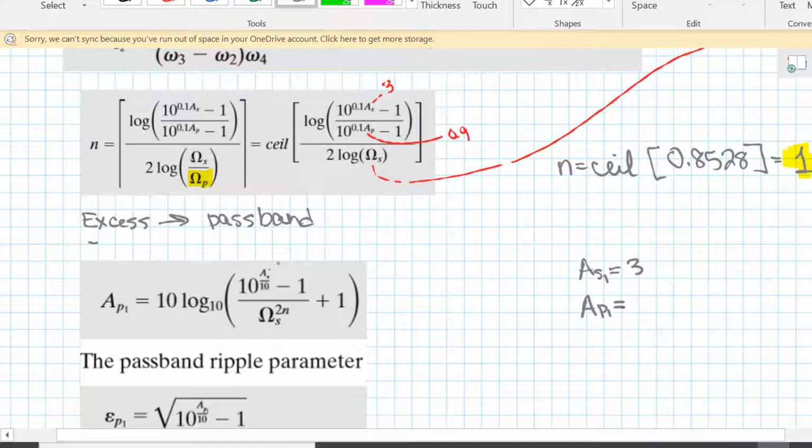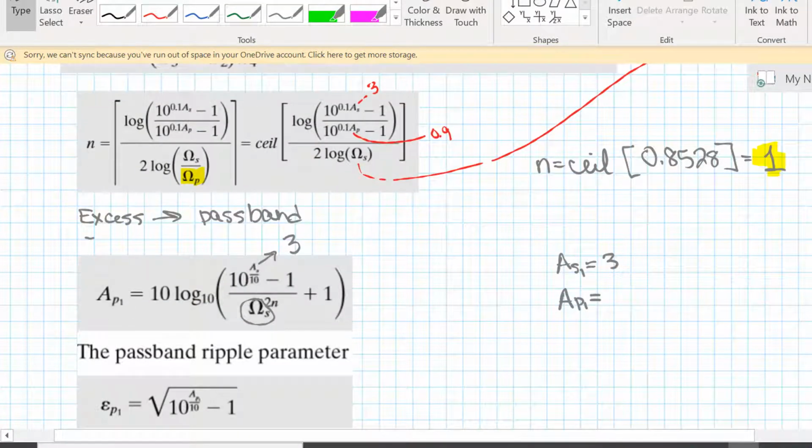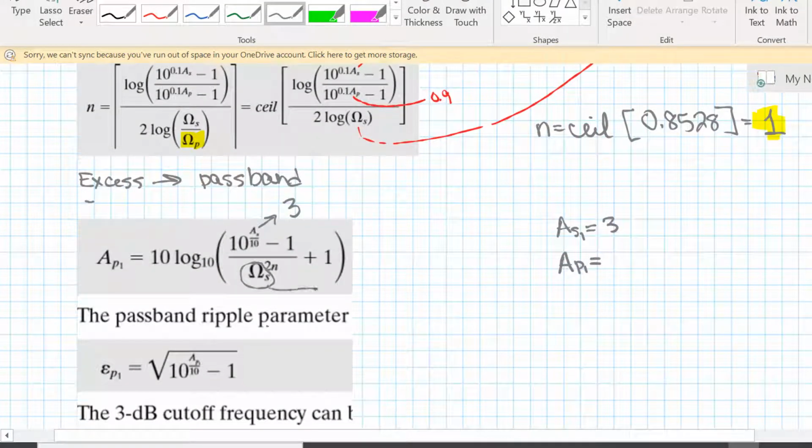Okay, and so for A sub S, plug in 3 for that. The omega sub S was 2.3589. And our n is just 1, so you want to square that in the denominator, add 1. Okay, so do all of that on your calculator. You should get 0.7146.